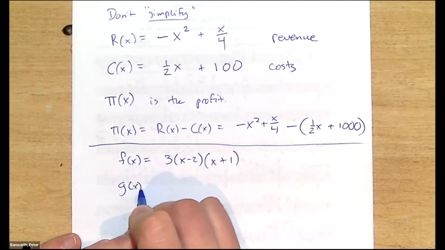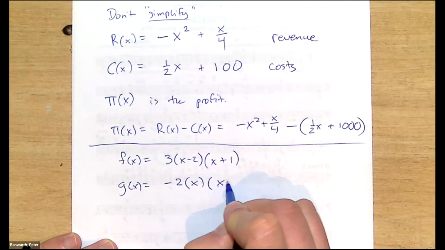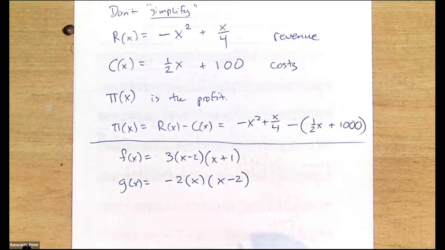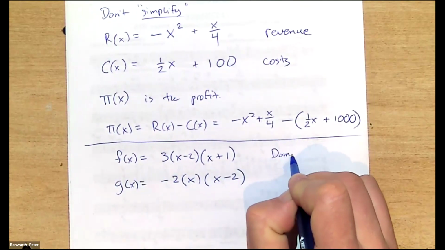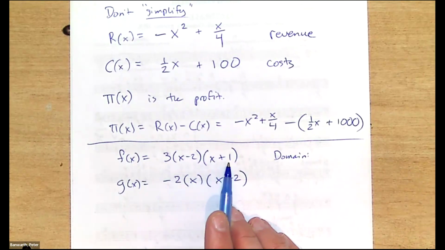And g of x is going to be the function minus 2 times x minus 2. Two polynomials. What's the domain of f? Polynomial. What's the domain of a polynomial?